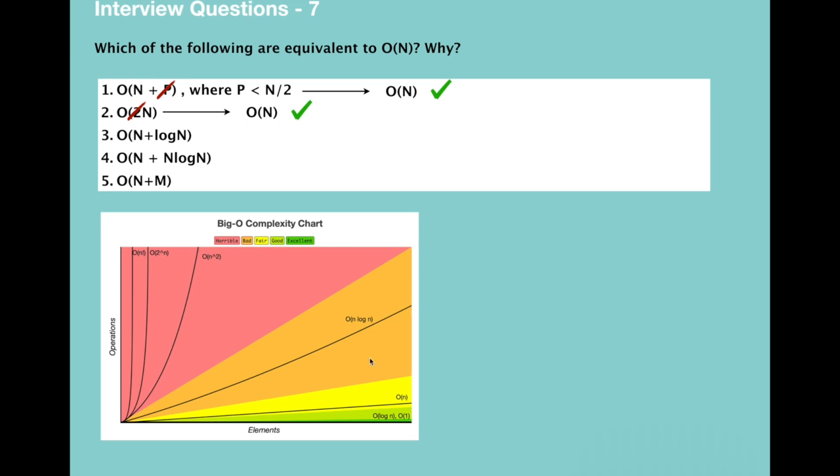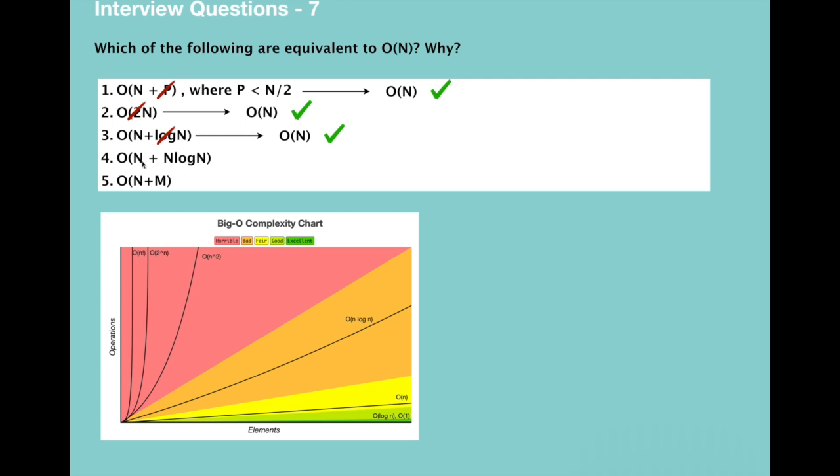If you look at the graph, we see that O(n) is over here and O(log n) is over here, which means that O(n) is the dominant term. According to our rules, we can drop the non-dominant term. So if we drop log n, this becomes O(n), which is the answer that we are looking for.